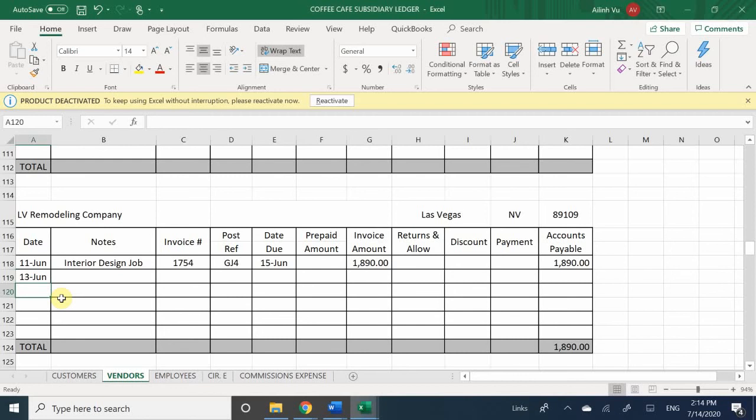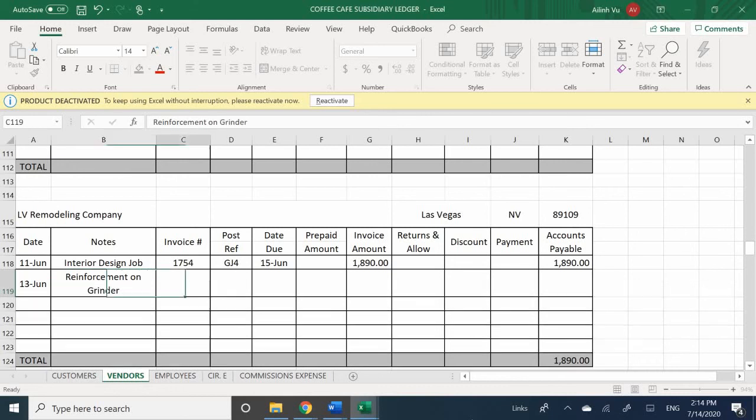There's no discount, so we don't have that. But we could write in here that it was for the reinforcement on grinder. Okay. Invoice number was 1760. General journal number 4.